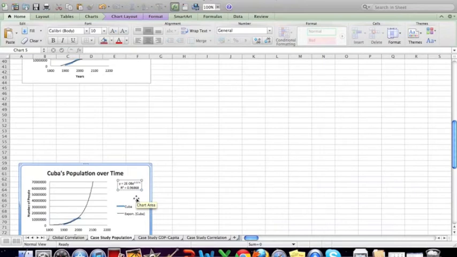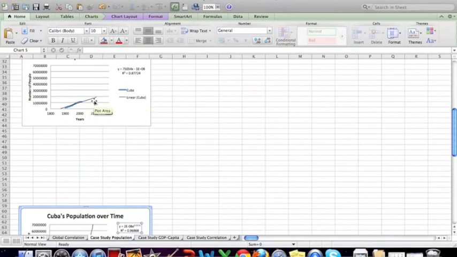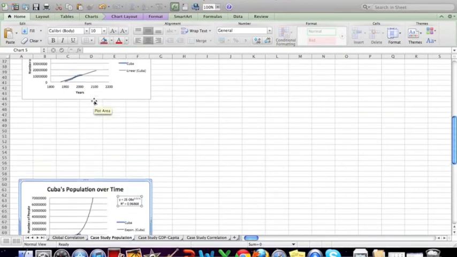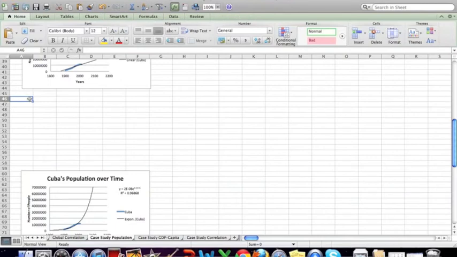And you could argue that the exponential graph is predicting that by 2100, Cuba's population is going to be approximately 70 million people, which is where France is at right now. And the linear one is predicting 20 million people. And to me, just looking at it, it looks like the linear graph fits better, but based on the R squared value, I must be judging it wrong. So just keep those things in mind as you're going through this.